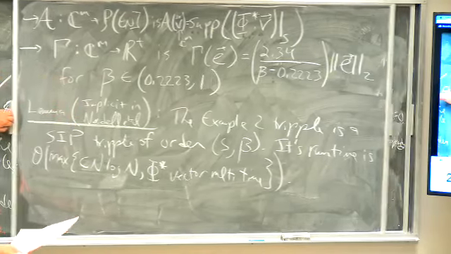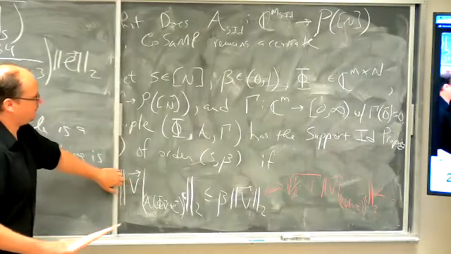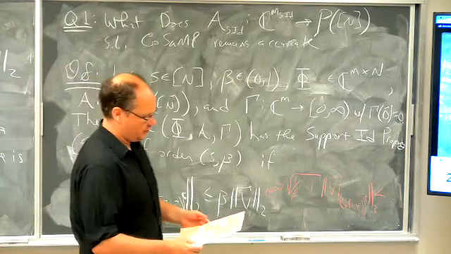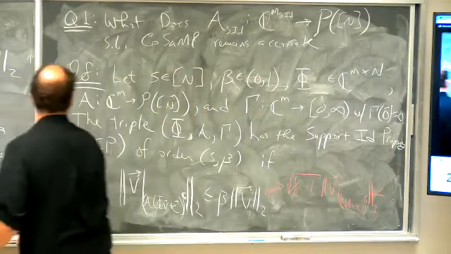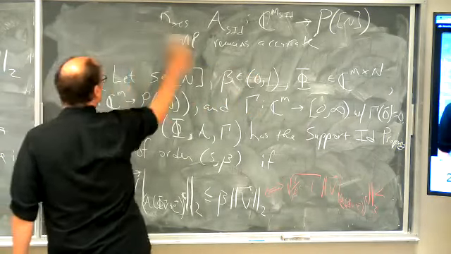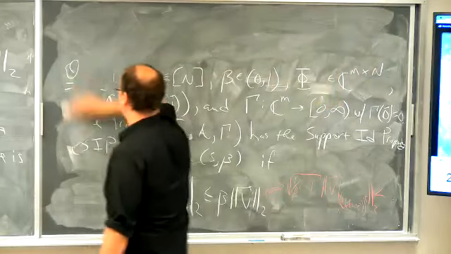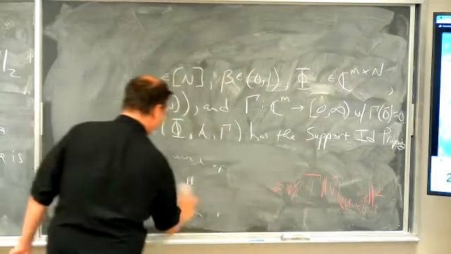Very good. So this theorem just gives you the freedom to do your own SIP triple and still know that CoSaMP is going to work. So what does it say? Maybe I should have saved the definition, but it's gone now.